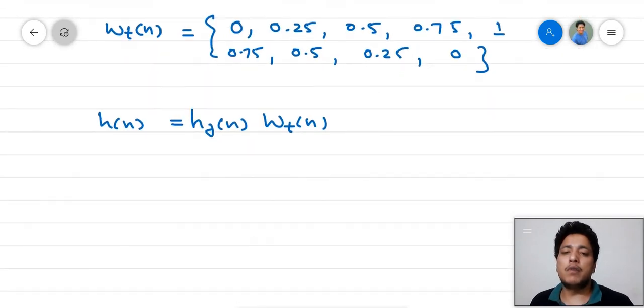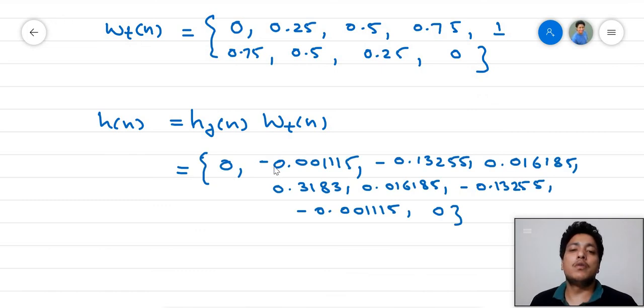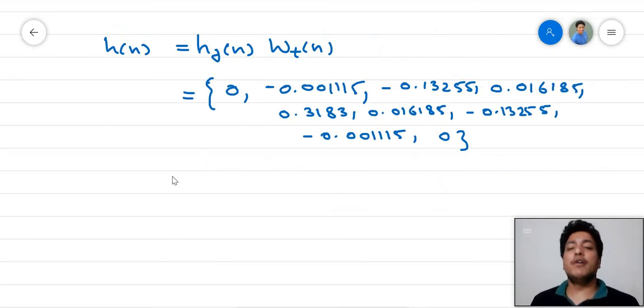Then h(n) will be equal to 0, minus 0.001115, minus 0.13255, 0.016185, 0.3183, 0.016185, minus 0.13255, minus 0.00115 and then 0. Now we have obtained the impulse response of the filter in time domain.